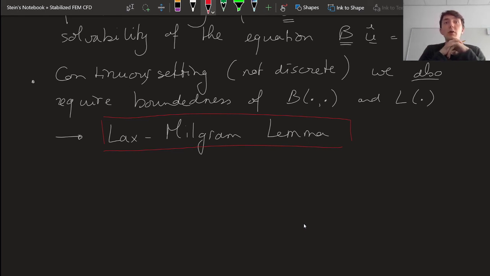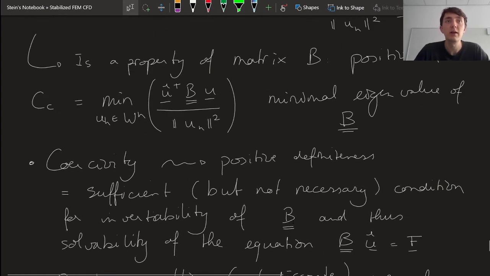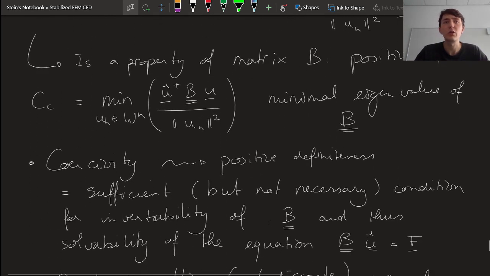So this Lax-Milgram lemma, that's something that you might come across in textbooks or even in research papers, and that's what this refers to. Okay, so this is the extent to which I want to prove this. For the continuous case, clearly I haven't proven anything, and for the discrete case, I give you more of a flavor of why we need this coercivity property. I don't think it makes a lot of sense for us to go into more detail than that.